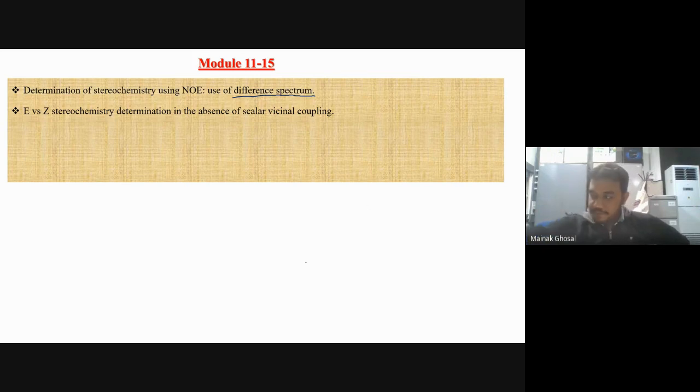So I have the example with me, the compound. There is CH2 whole 6 CH3. That was discussed also in the lecture.